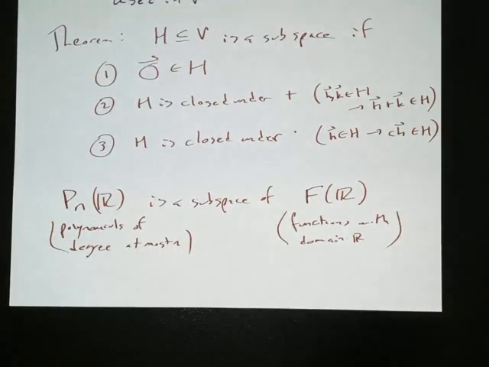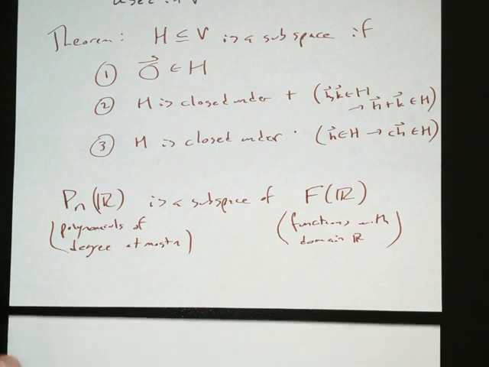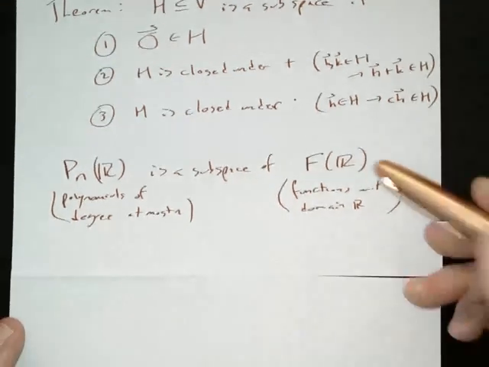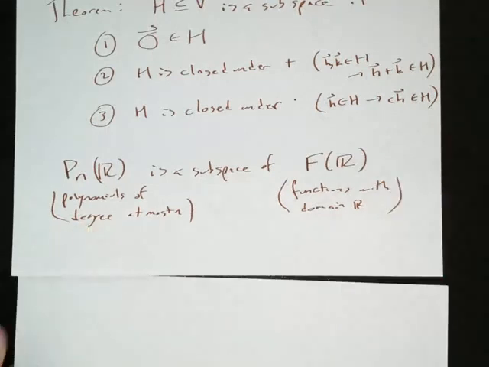So polynomials are a subspace of functions, but there are functions that are not polynomials, right? Cosine x, e to the x, 1 over 1 plus x squared, those are not polynomials. So those are things in here that are not in the set of polynomials. The set of polynomials is a vector space unto itself that lives inside that set of larger functions.